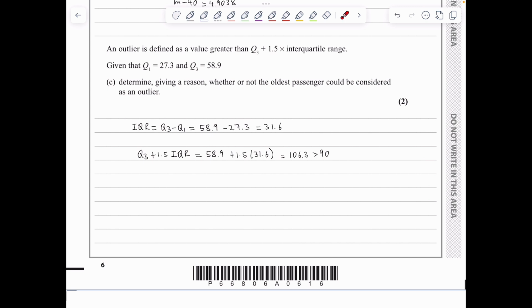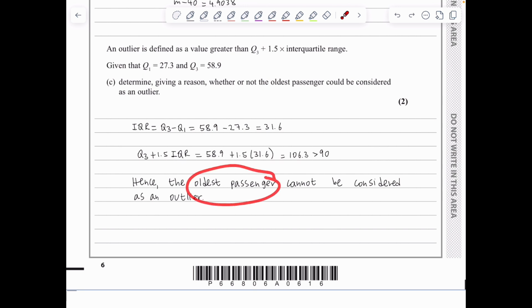And therefore we conclude that the oldest passenger cannot be considered as an outlier, because remember, the oldest passenger was up to the age of 90. Anything above 106.3 would be an outlier, but we have no observations beyond 106.3.